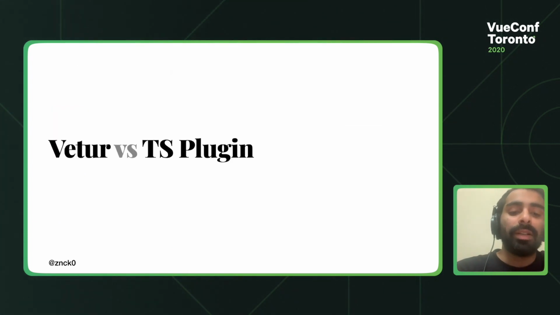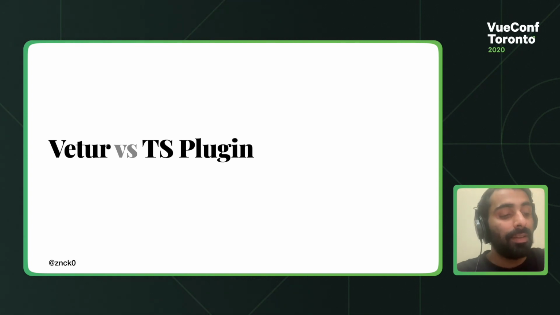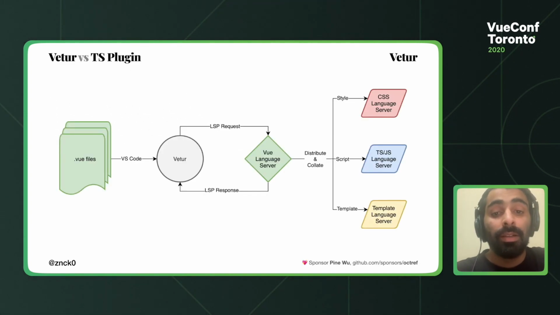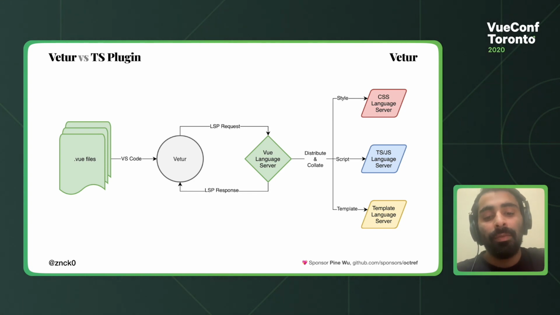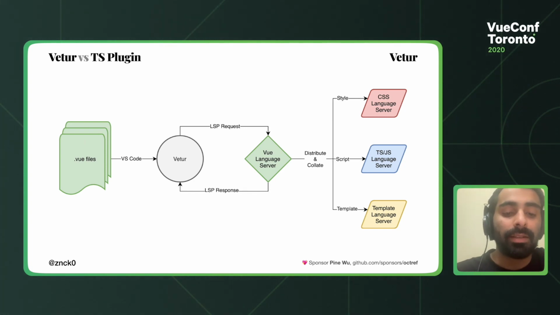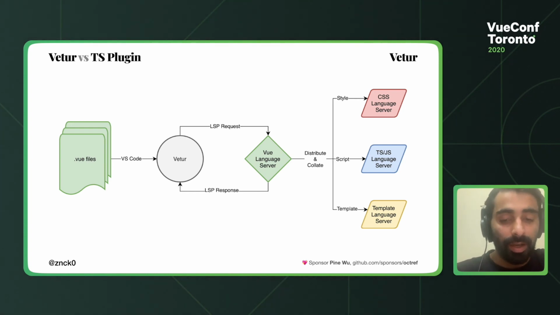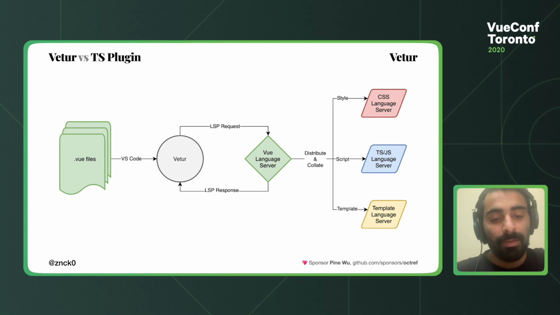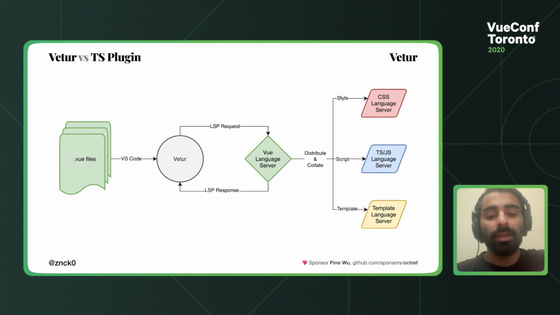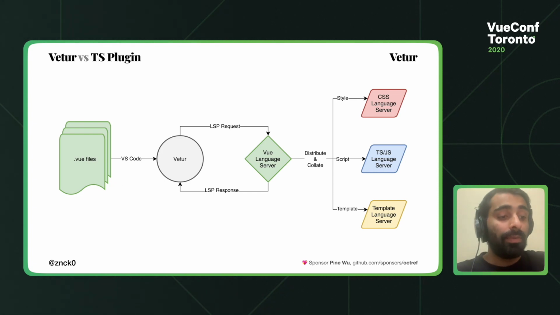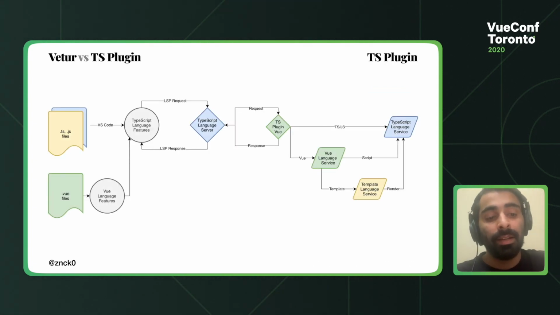Now let's compare the Vetur and TS plugin implementations. Vetur looks only at Vue files, and that's the only limitation of Vetur, that it cannot provide intelligence information in TypeScript and JavaScript files, because it works downstream, it just handles only Vue files, whereas the TS plugin works inside the language server.